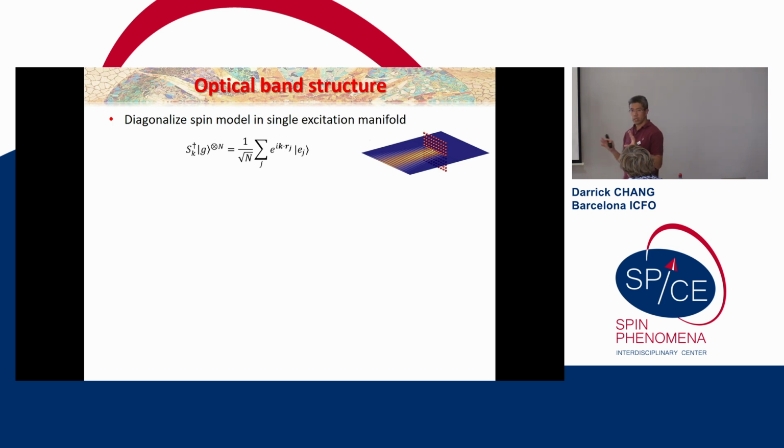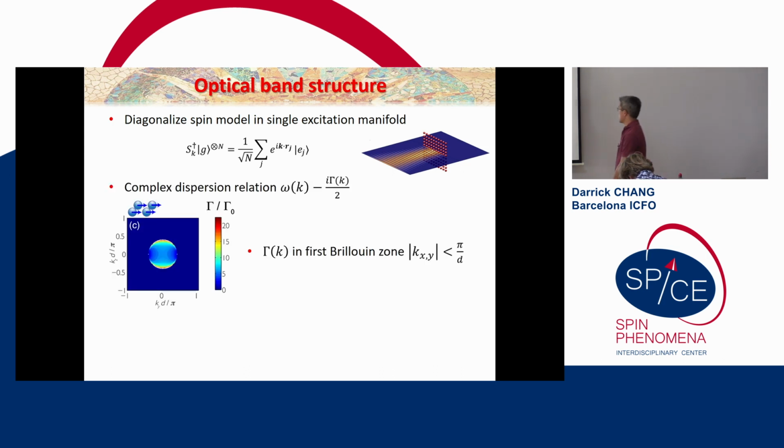So if I have just one excitation in this atomic mirror, and if it's an infinite 2D array, then I should be able to diagonalize my system, both my Hamiltonian but also my entire master equation, by Bloch's theorem. Okay, so all my eigenstates should be well-defined spin waves where one atom j is excited with a phase e to the ikr, and this k here is basically my Bloch momentum.